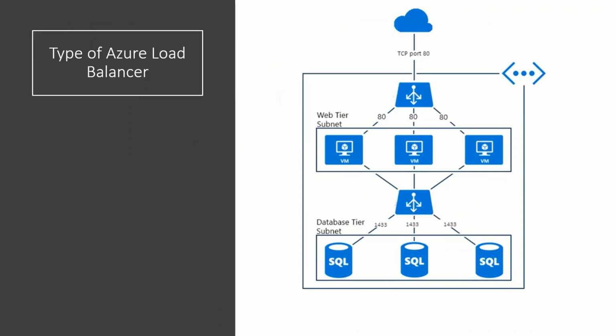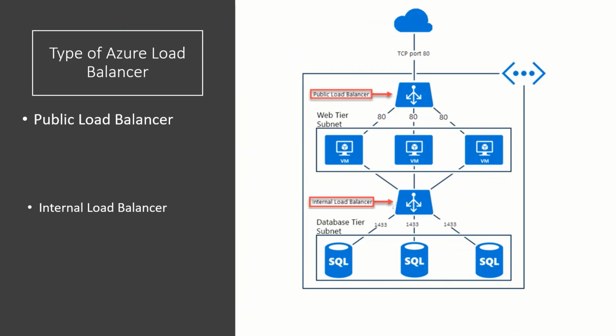Now Azure has two different types of load balancers. One is your public load balancer and the other is your internal load balancer. Your public load balancer would be external or internet facing, as you can see from here, and your internal load balancer would be placed inside a virtual network.